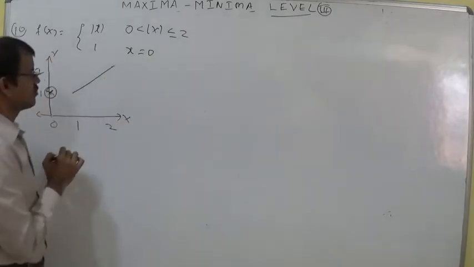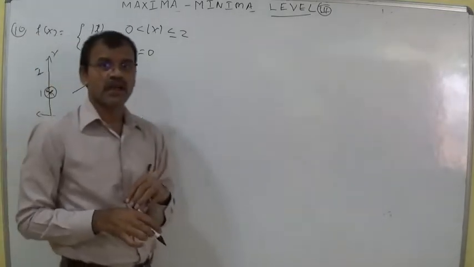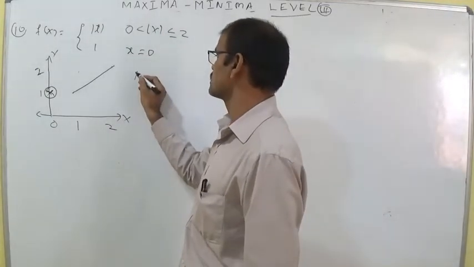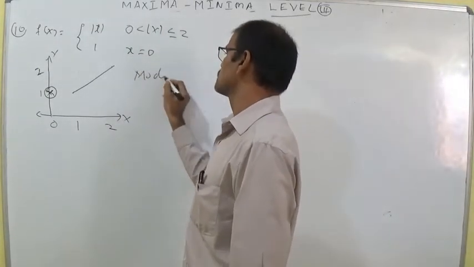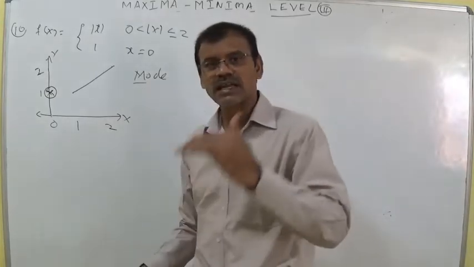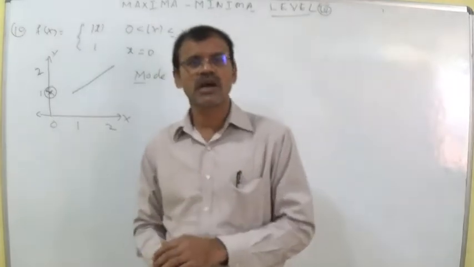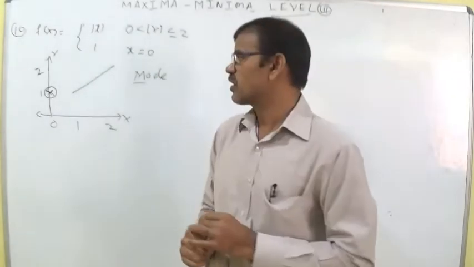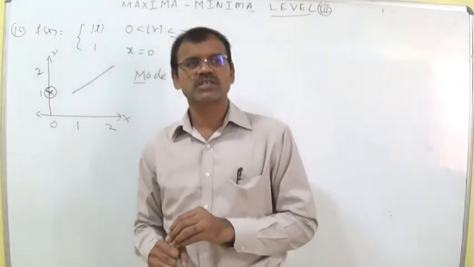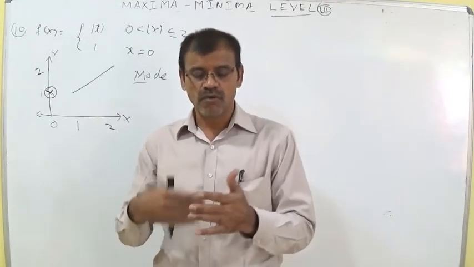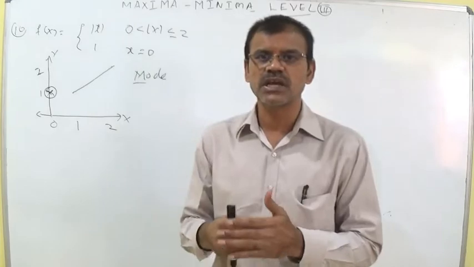This one, students, you should recognize, according to statistics, as a mode. So what is meant by mode? For grouped data, it is the maximum value. For ungrouped data, whatever value repeats is called the mode.